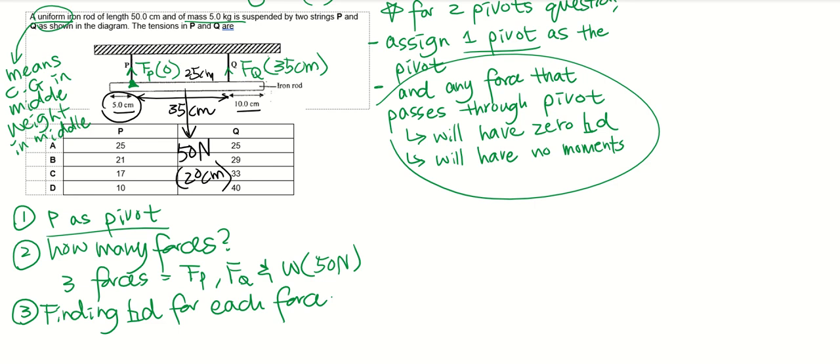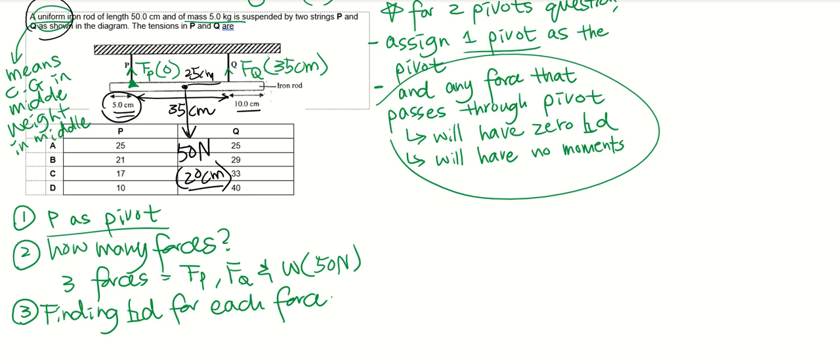I say again, because it is a uniform iron rod, the weight is in the middle, and the middle of 50 cm is 25 cm. How far is this weight from pivot P? It is 25 minus 5, because there is this small part of 5 cm here, so I get a perpendicular distance of 20 cm.